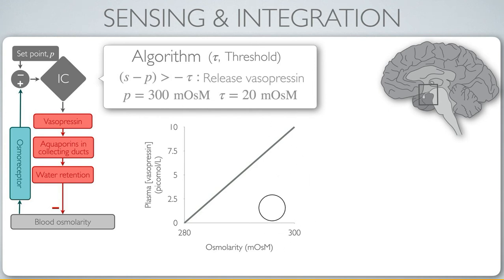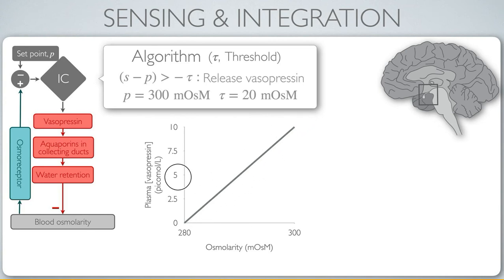But what we can see is that the threshold is 20. That's represented by the minimum value on the x-axis. At an osmolarity value of 280, vasopressin starts to be secreted. And as the osmolarity increases, more and more is released.